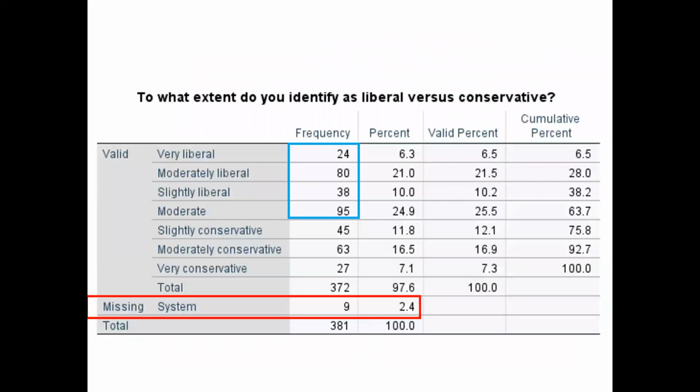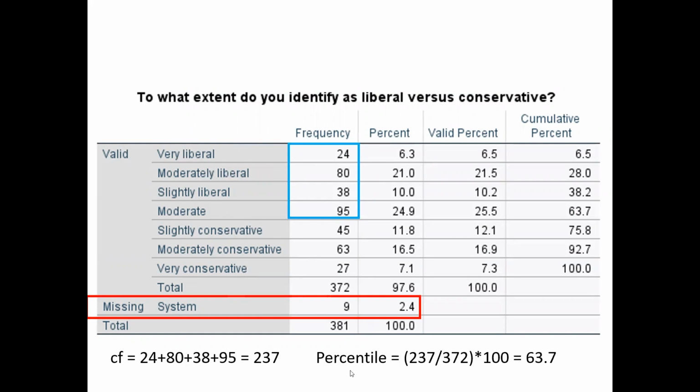So moving on, just to repeat, okay? Frequency, right? This is the frequency. Here's our missing data. So we have frequency of each case. So cumulative frequency for very liberal to moderate is 24 plus 80 plus 38 plus 95, 237, right?